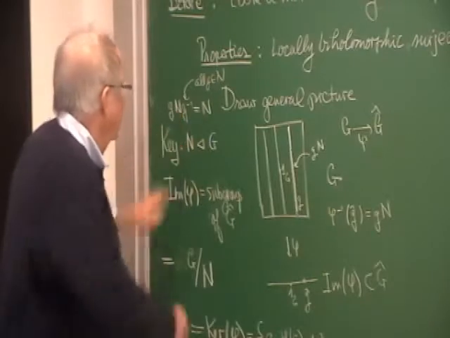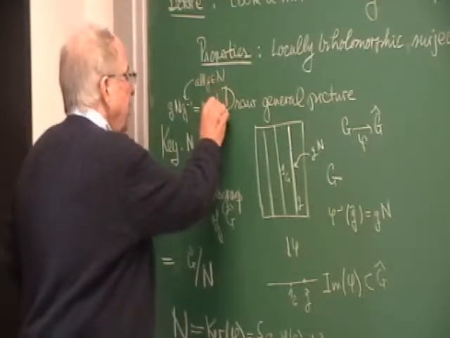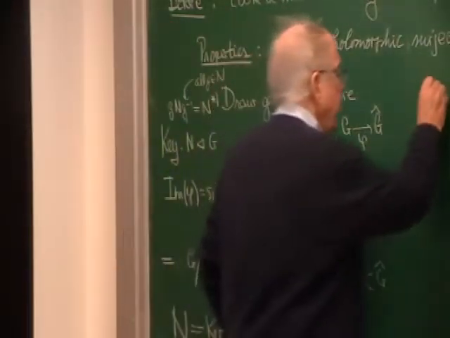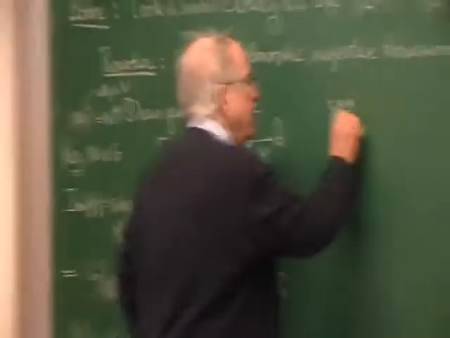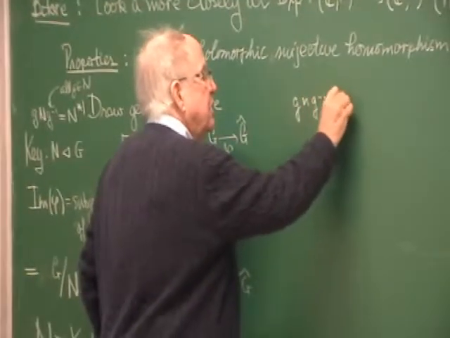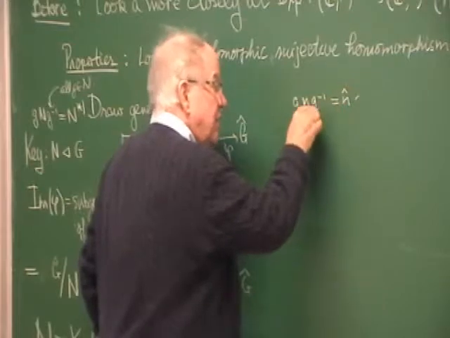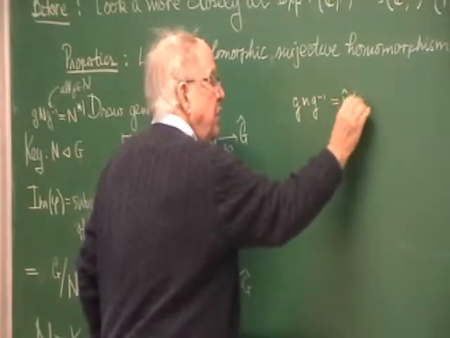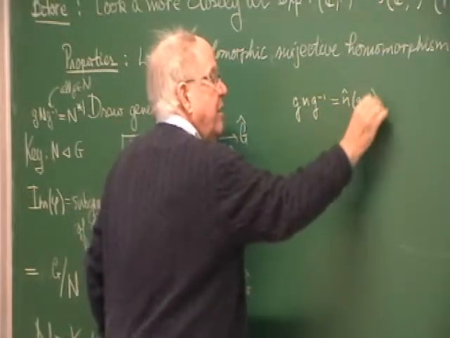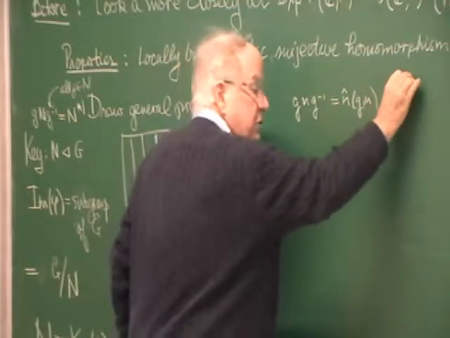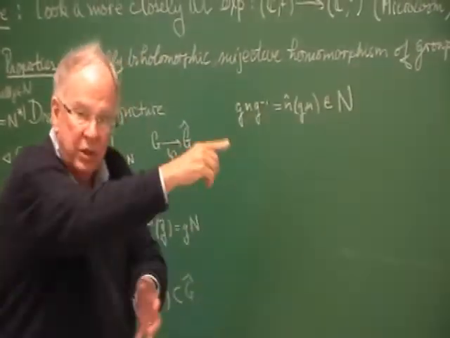Let me call this star. What star means is if you take n and you conjugate it, this thing is n hat. It does something which depends on g and n, but it's still an element of n. It pushes it around inside of n.